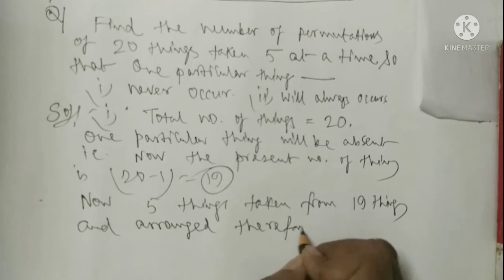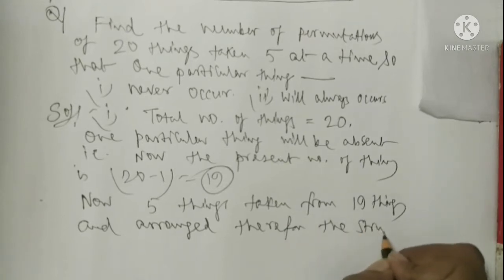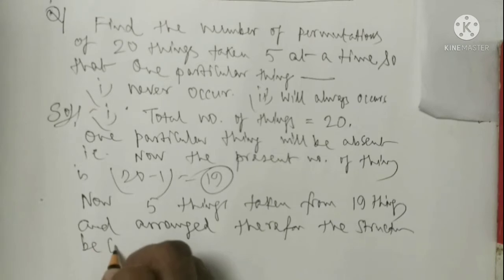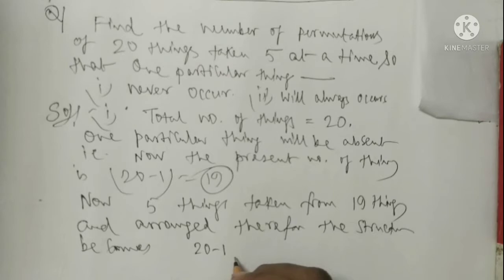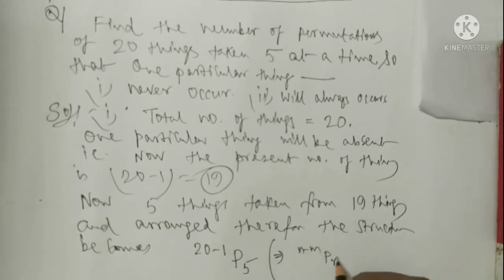Therefore, the structure becomes numerically 20 minus 1 P5. That is, our restriction was n minus m P r. Here n equals 20, m equals 1 and r equals 5. The application of the restriction is 19 P5.